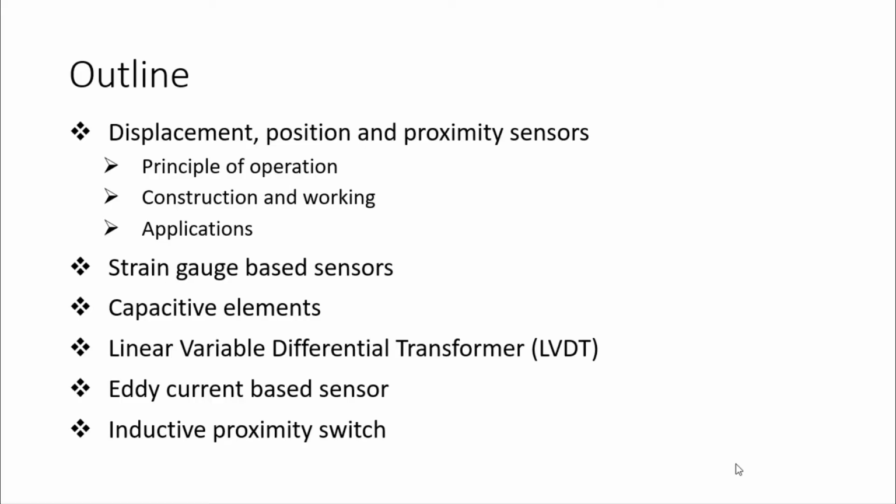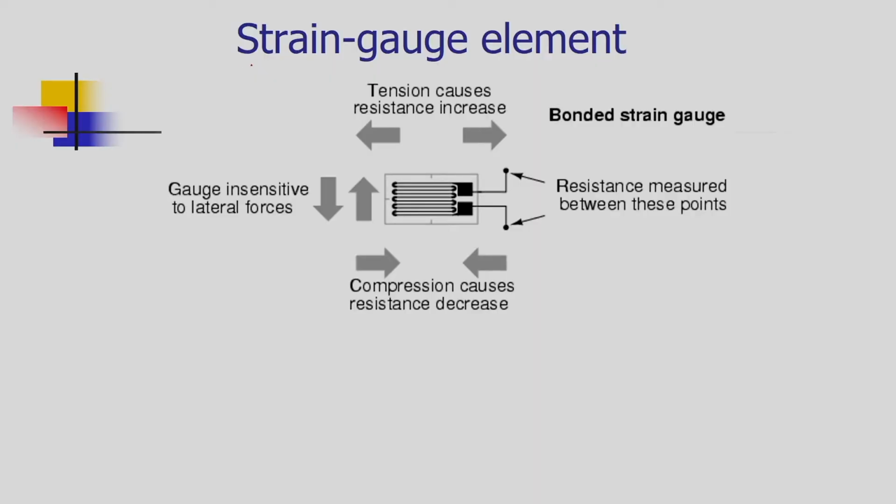So let us begin. The next important displacement sensor is strain gauge element sensor. It works on the principle of change in resistance when we are giving tension or compression to a mechanical element. On your screen you can see a simple arrangement of a strain gauge element.